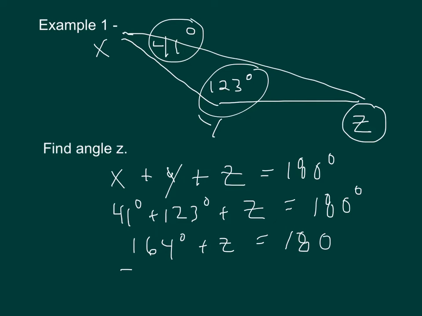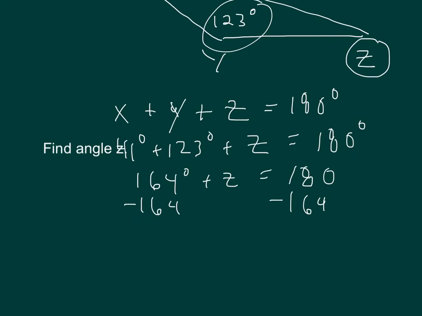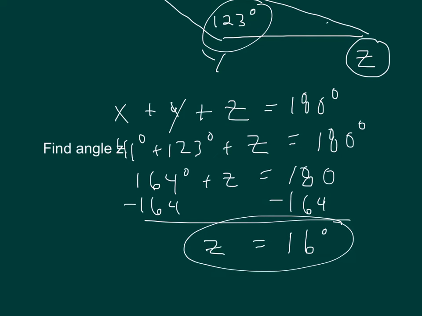And then we want to subtract 164 from each side. And then we get Z is equal to 16. So 16 degrees. We can fill that in right over here.